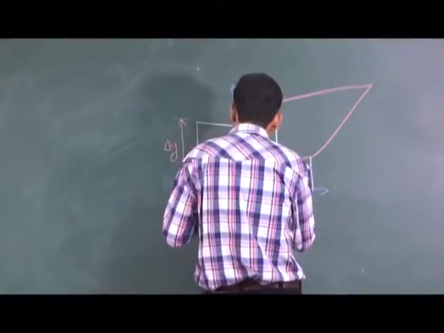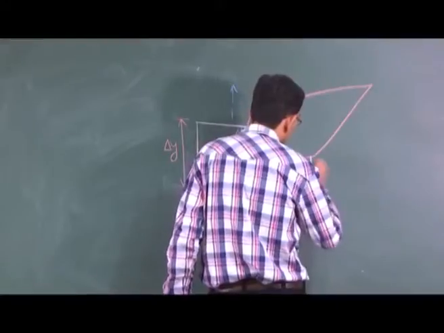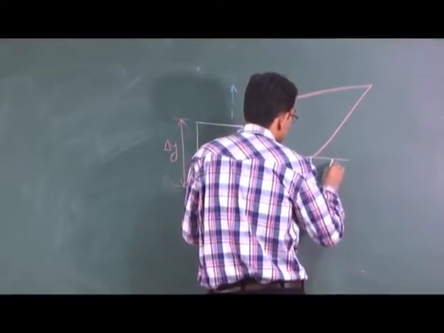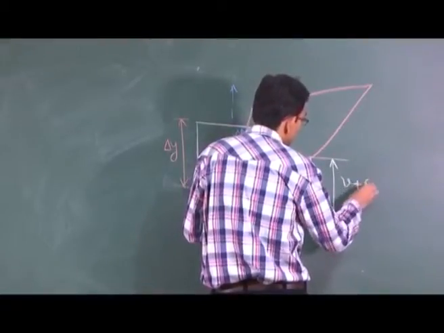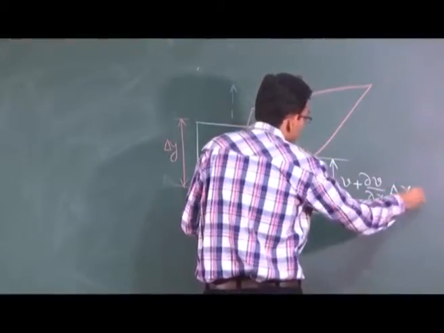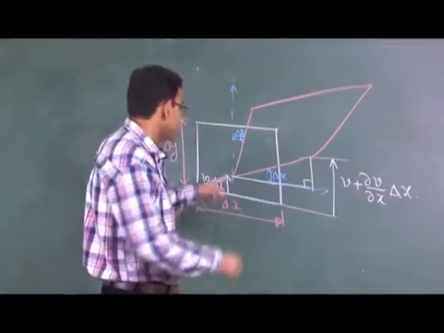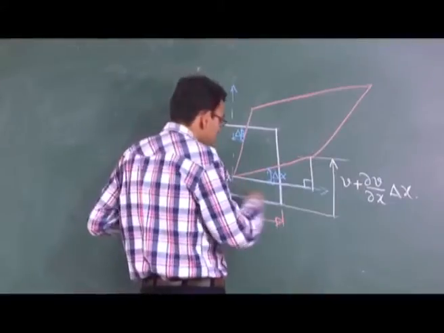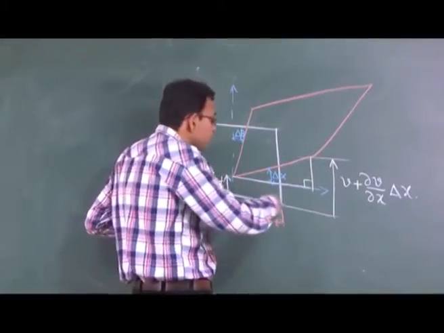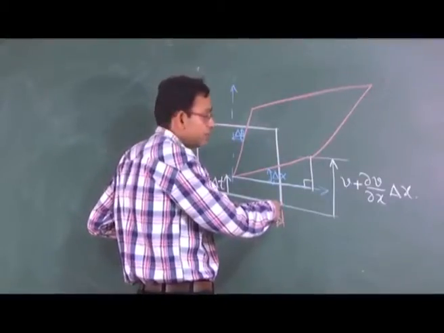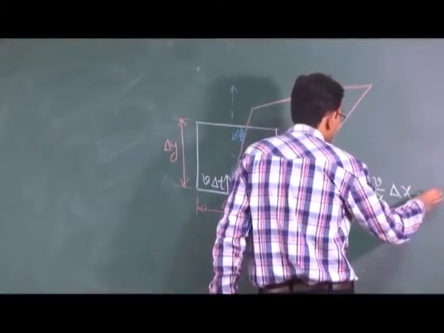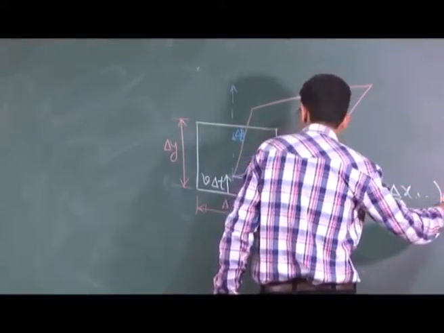If the velocity here is v, the velocity here is, this is not del v del y, because from here to here the change in v is due to moving along x and not along y. So, v plus del v del x into delta x plus higher order terms into delta t.